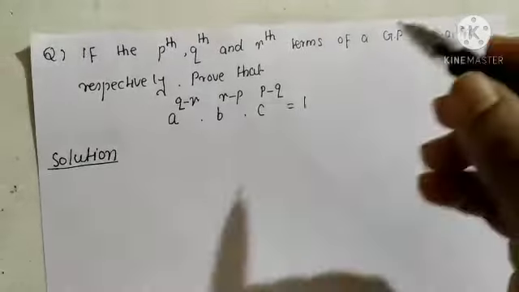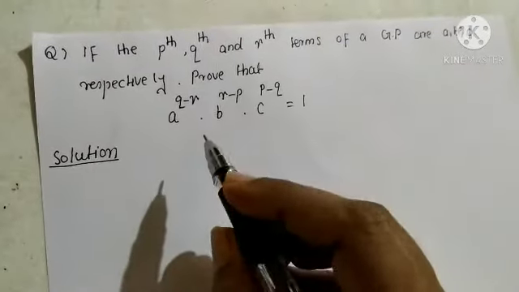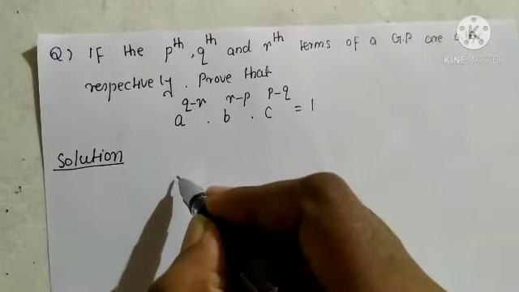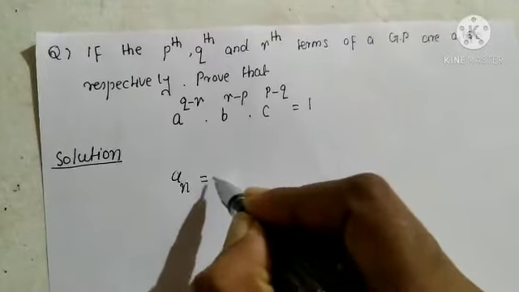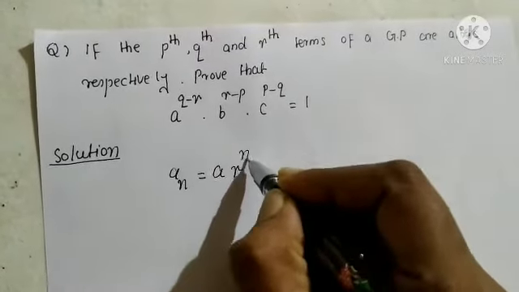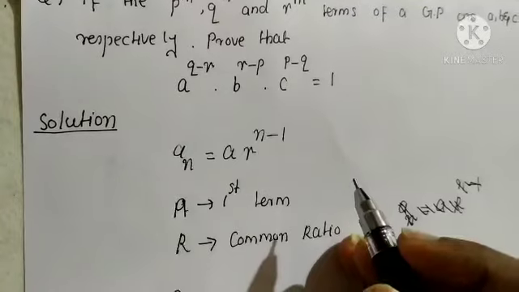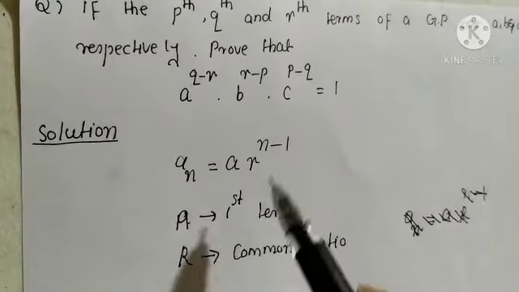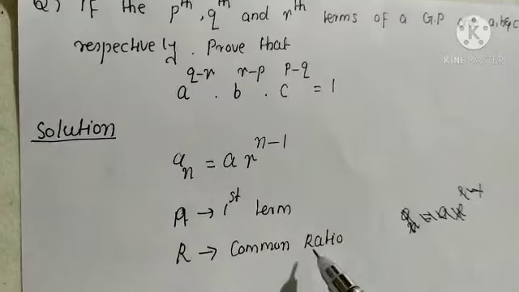Here we know that the formula for finding the nth term in a GP is a_n equal to a r raised to n minus 1. I'm taking capital A as the first term and capital R as the common ratio.